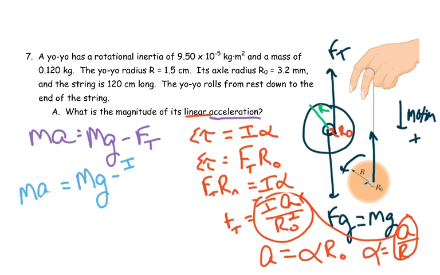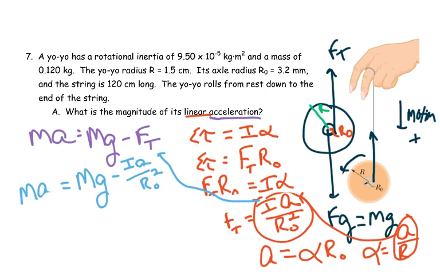That means now it's going to be my rotational inertia times the linear acceleration divided by that radius squared. That's my expression now, and I'm going to put that in up here for tension.